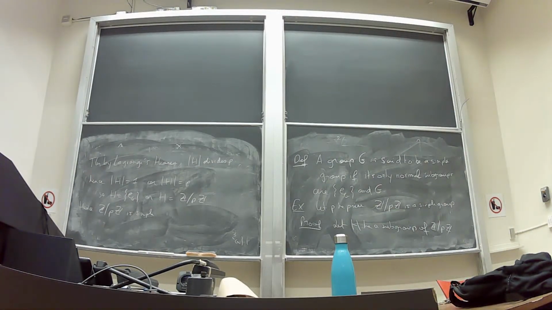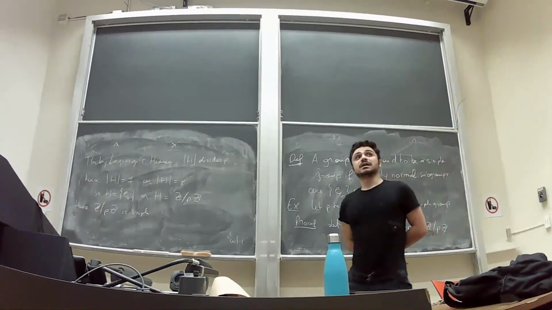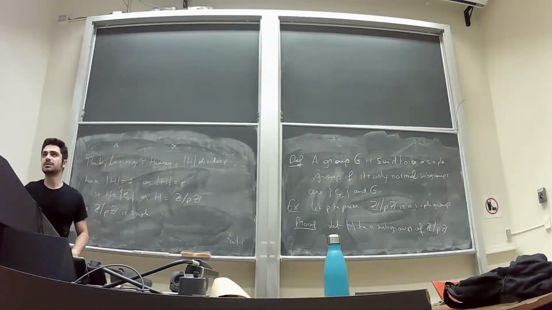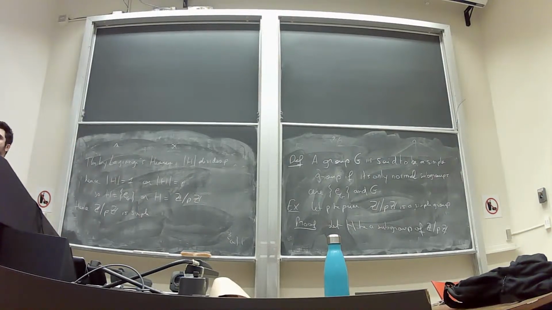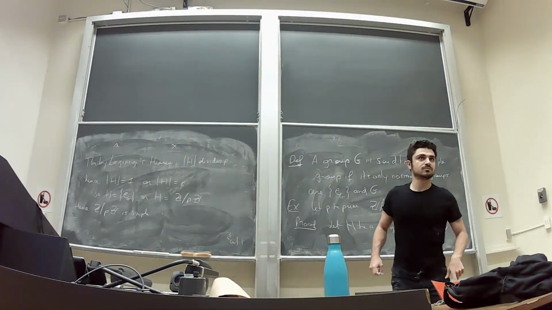Doesn't that mean it's simple? Doesn't mean it has two subgroups. It has only two normal subgroups. Now, if the group G is abelian, any subgroup is normal. So talking about subgroups in an abelian group is the same thing as talking about normal subgroups.